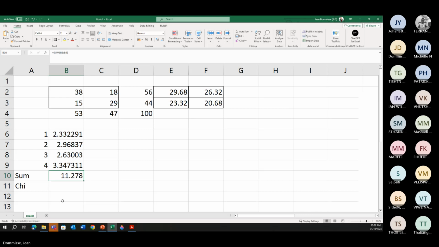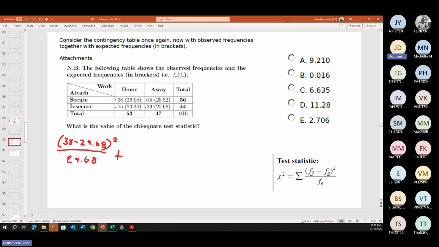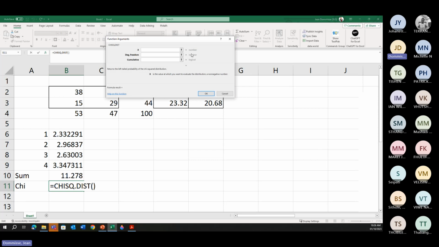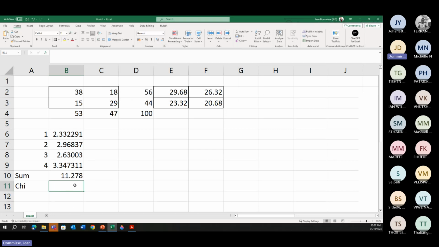Okay, so there we had 11.278. Okay, 11.28. So there is supposed to be a chi-square function. I just need to make sure, there are so many options, that we pick the right one. So this one is the chi-square distribution, which does not take into account what we want, because here it says give me the x degrees of freedom, so this is probably going to give you the probability one.